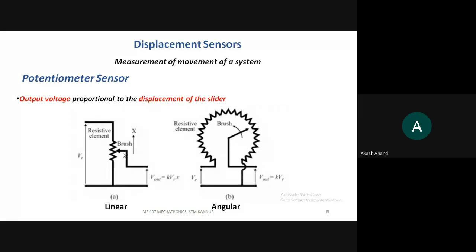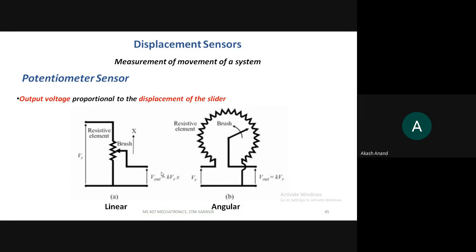We can see that the output voltage is measured here, and the input voltage is given here. You can see here an element. I think it is visible to you. It is written as brush, and it is also called wiper.